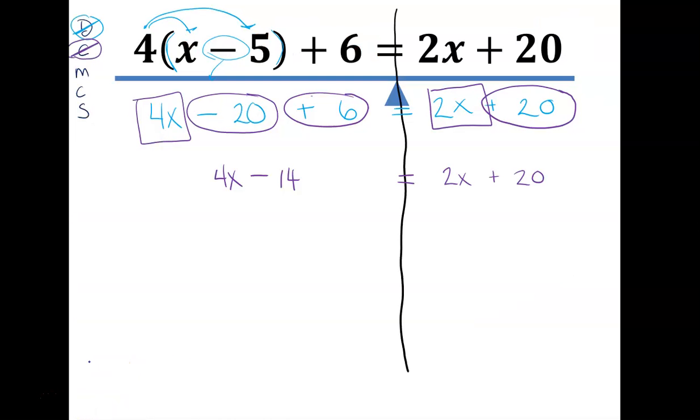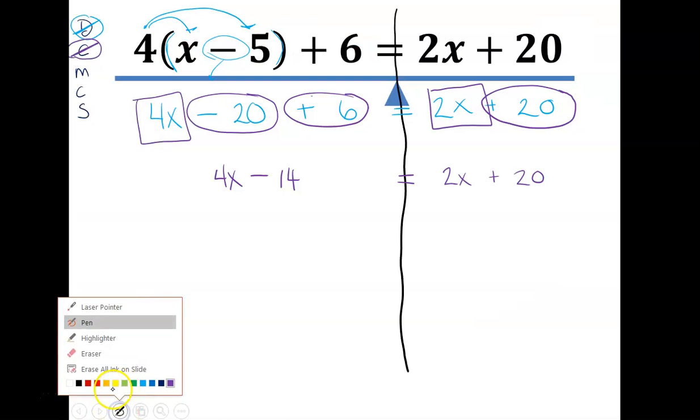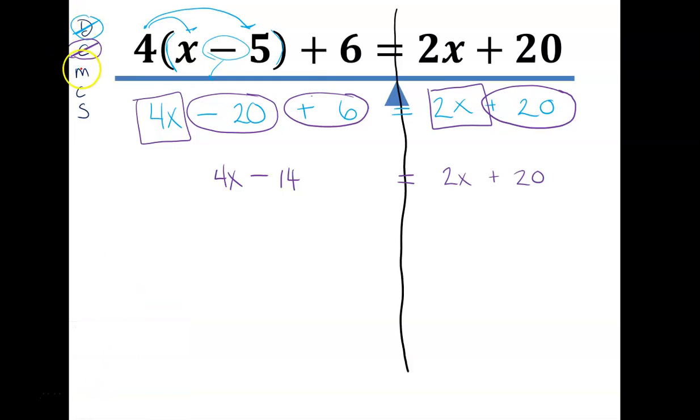Oh my. Okay, here's my favorite step. This is always the most exciting step. This is the moving step. The I like to move it step. Okay, here we go. 4x is a letter term. Is he where he belongs? Heck yeah, he's on the letter side. He's on the letter bench. Good for him.